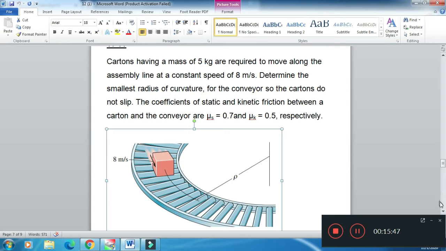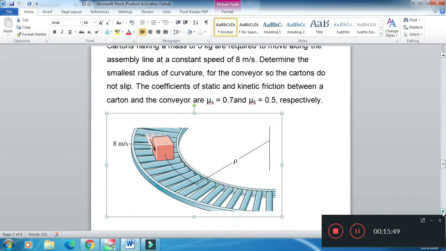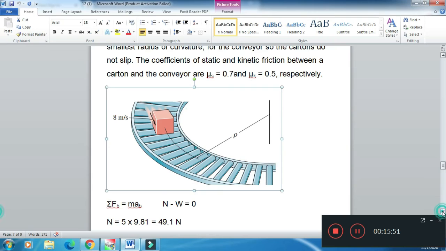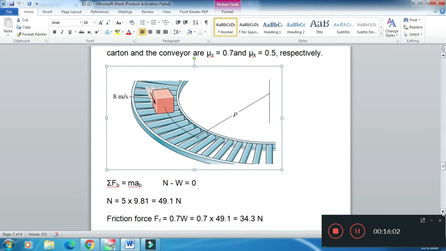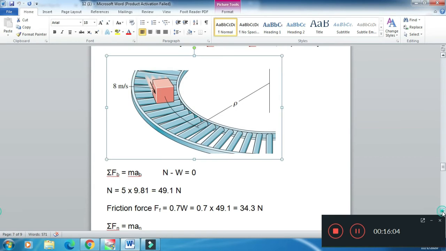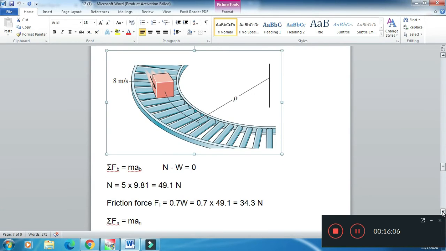Again, we can use normal and tangential analysis, because the conveyor is moving in a circular path and the cartons are moving in a circular path. When solving in the normal and tangential method, the third direction is the binormal direction.